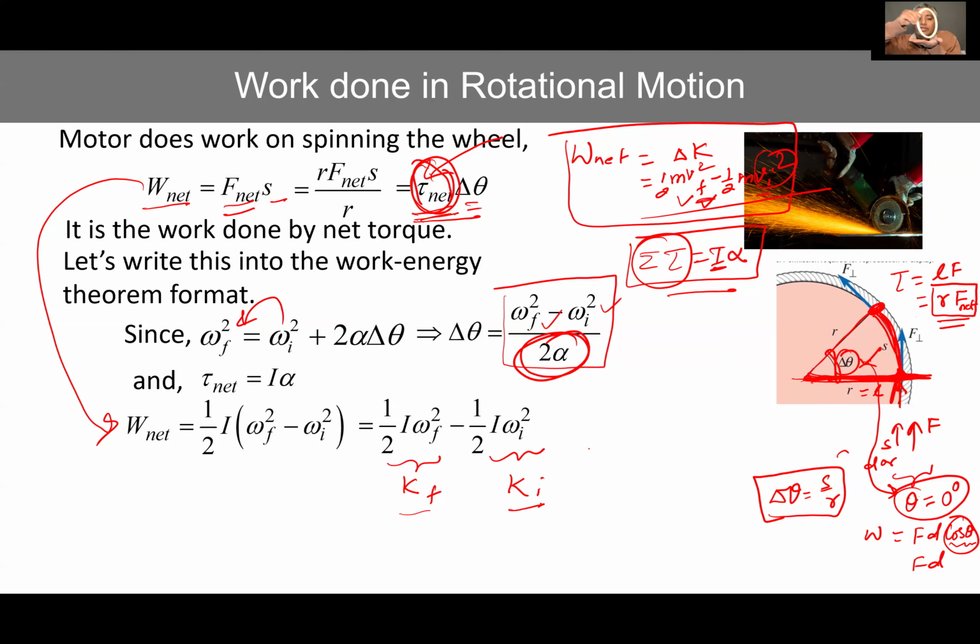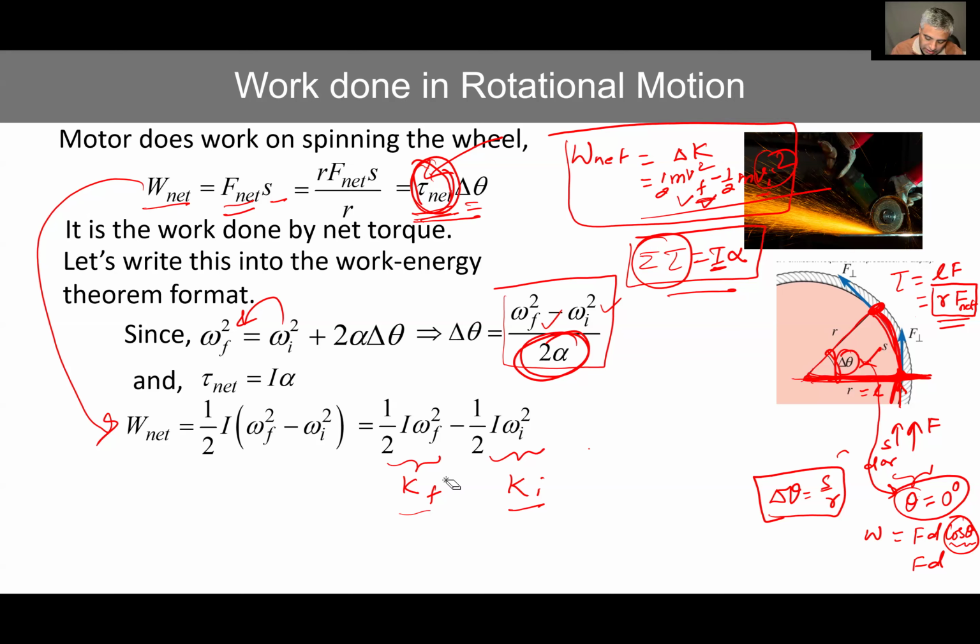This kind of motion we call rolling. So it's moving from one place to another place. At the same time, it's also spinning. So when something is rolling, it's translating plus rotating. So in that case, we have both kinds of kinetic energies. And so we need to differentiate that. And that's what we are doing.